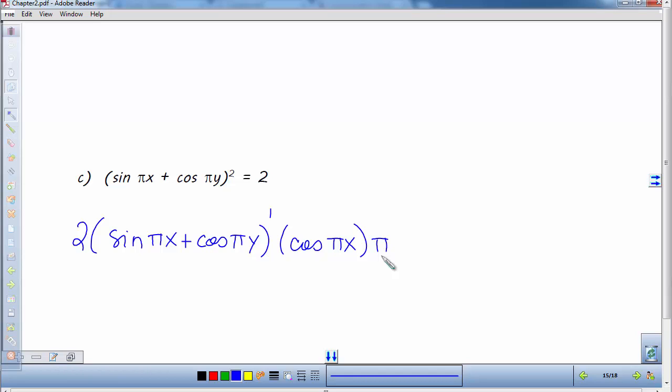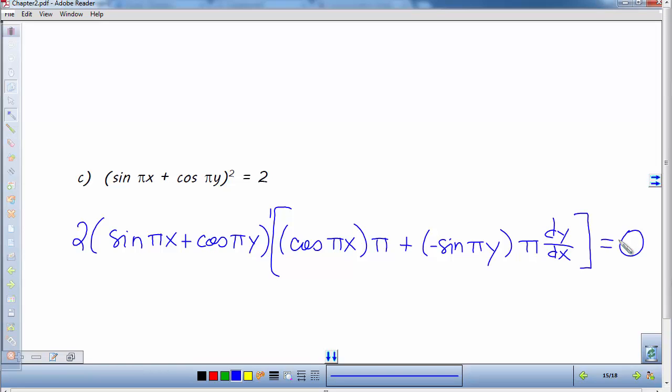Plus the derivative of cosine is negative sine pi y, and then the derivative of pi y is pi, and then we would need to say the derivative of y, since y is a function, so we say dy/dx, and equals 0.